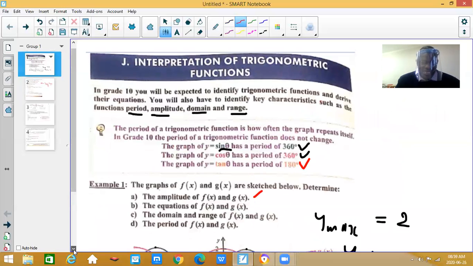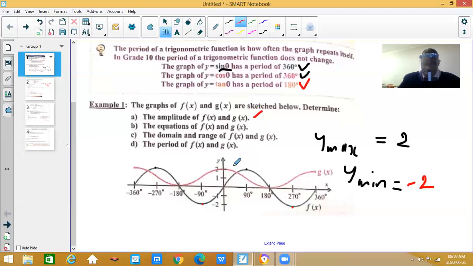Now, we want to analyze the amplitude of g(x). On analyzing the amplitude, we also look at the maximum. The maximum of this graph can be attained here, and this is 2. So this graph can attain its maximum at 2.